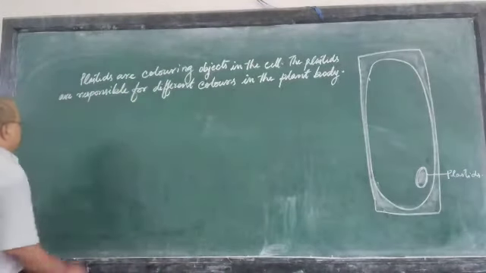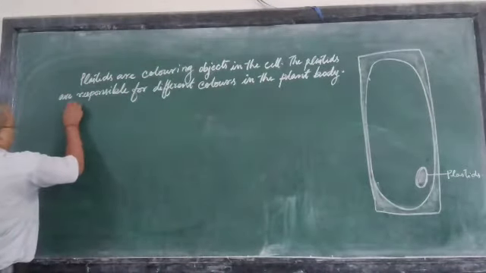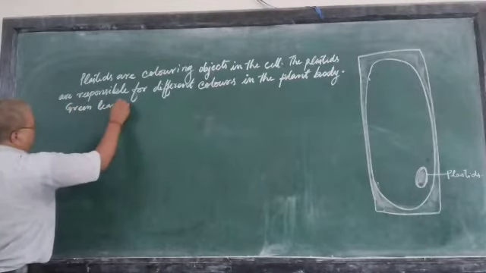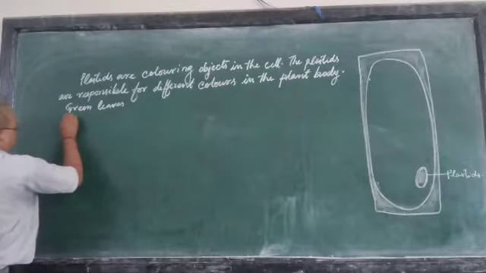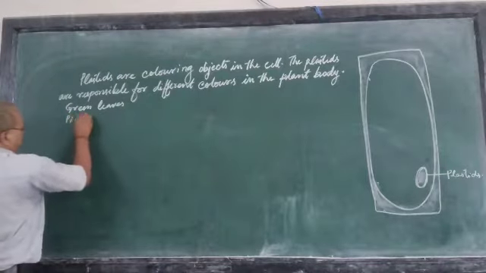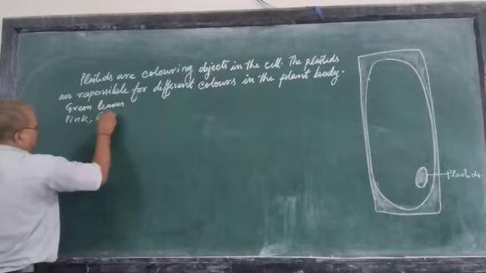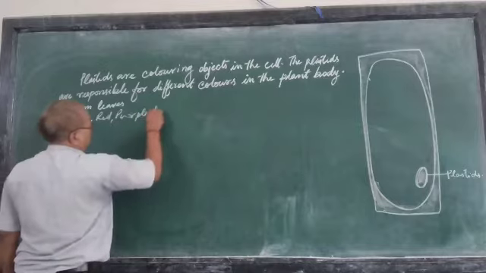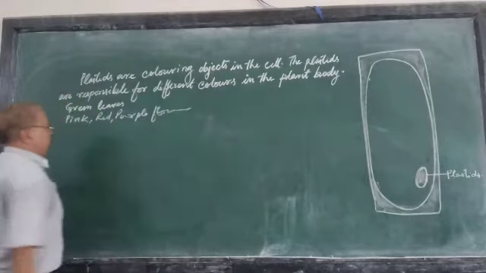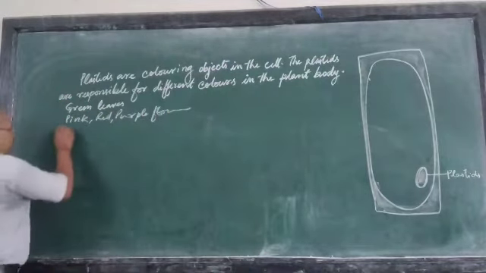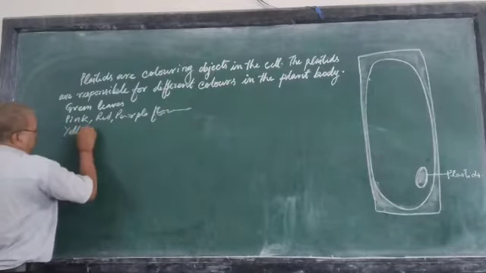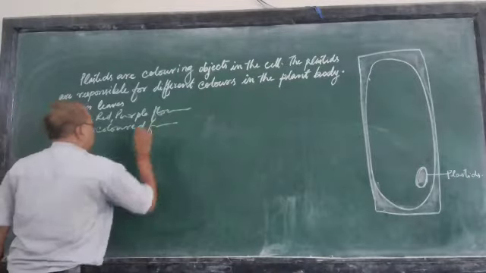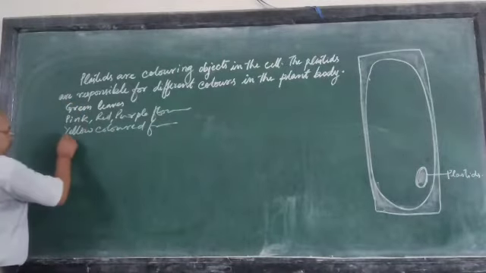Clear? So here you see green colored leaves, then pink, red, purple flowers, and so on. And then yellow colored fruits, then white colored flowers.